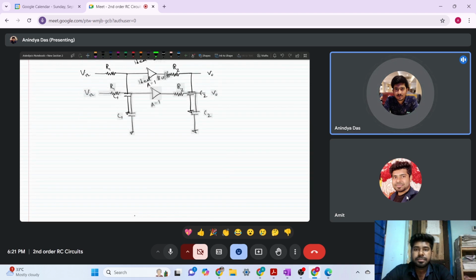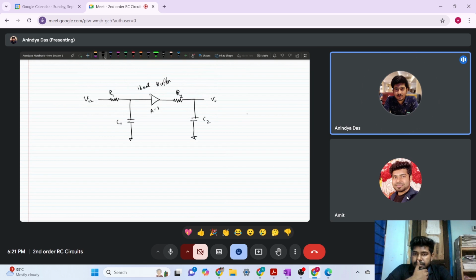Okay, now about the second circuit. You can see this circuit is almost similar to the previous one, but here a buffer is present. We take the gain of this buffer equal to 1, and it is a completely ideal buffer.